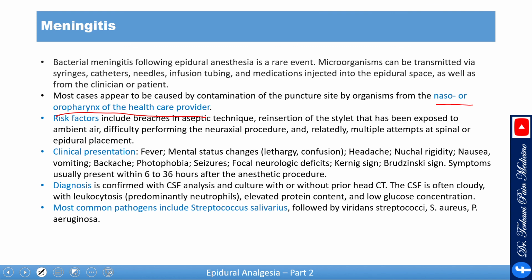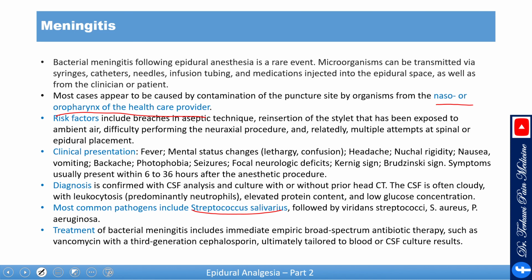The most common pathogen is Streptococcus salivarius, followed by Viridans streptococci, aureus, Pseudomonas, etc. Treatment starts with immediate empiric wide-spectrum antibiotics, and tailor that down.